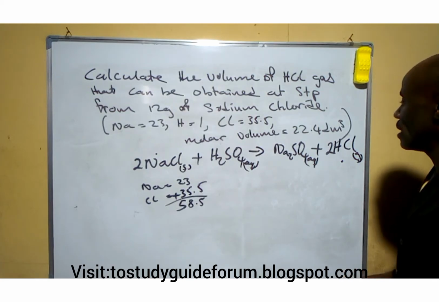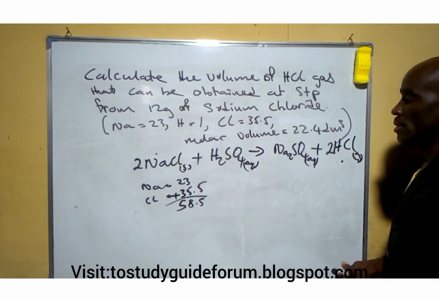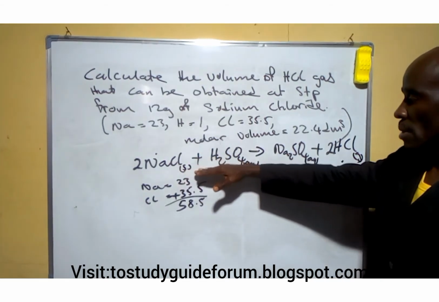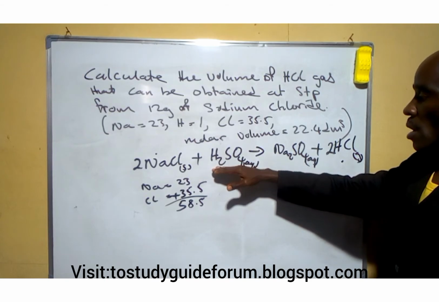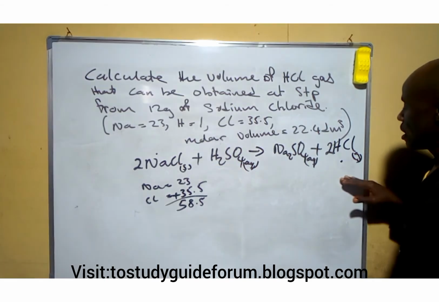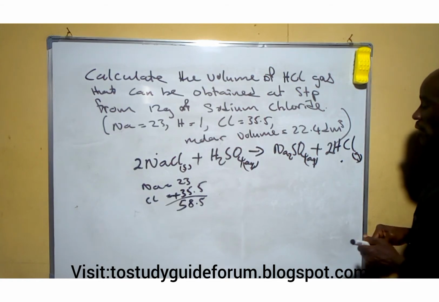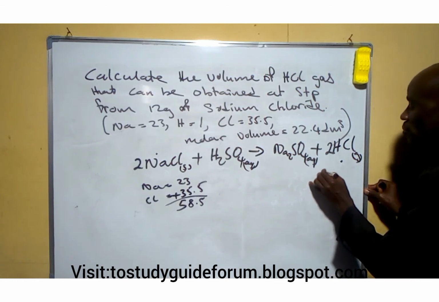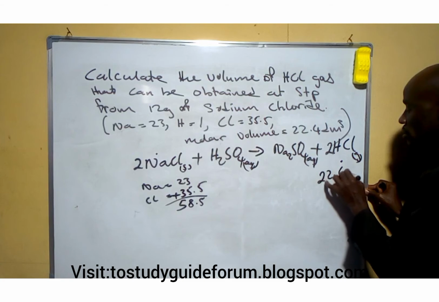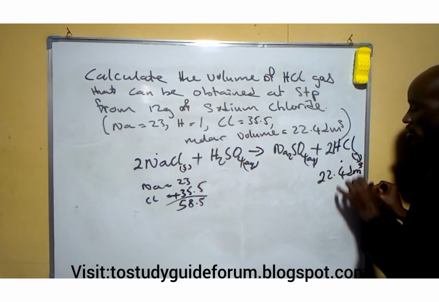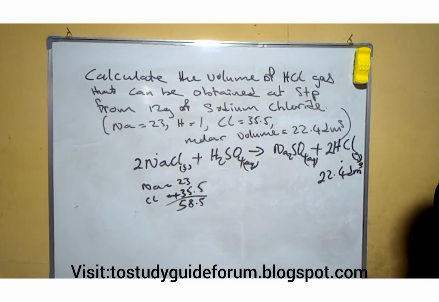So from this chemical equation, at STP, the volume of hydrogen chloride gas will be 22.4 dm3 according to Avogadro's law. So let's see how far we can go.